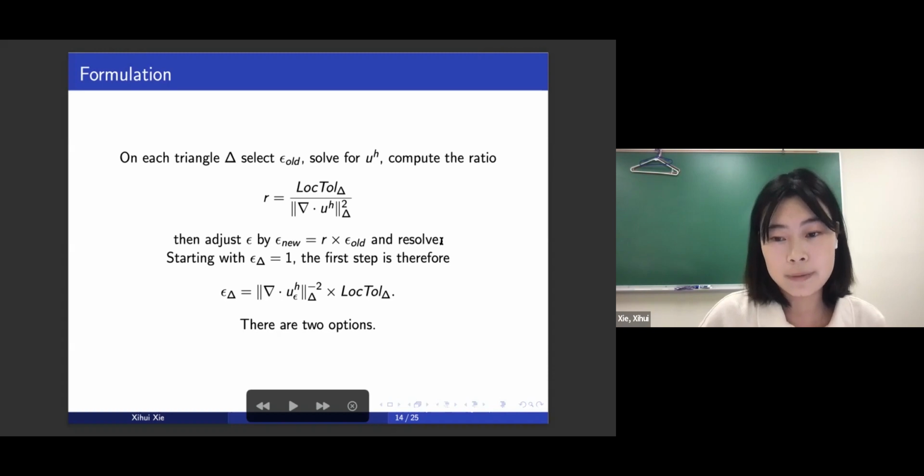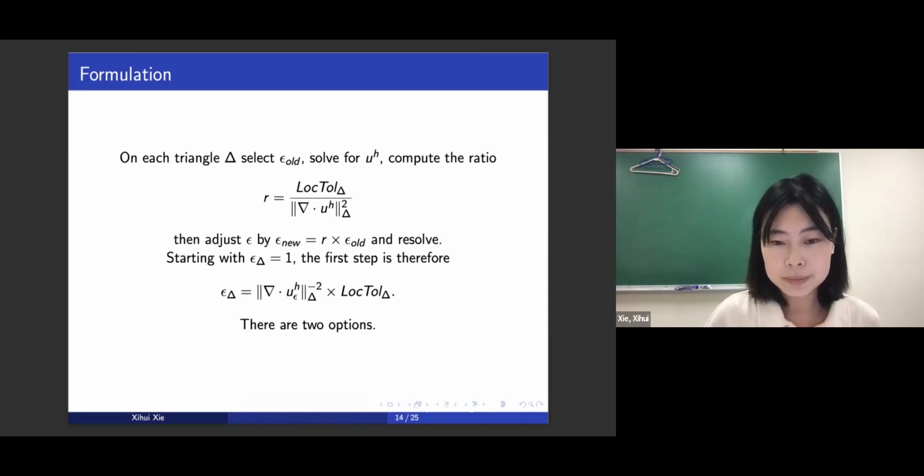Then we resolve until the local tolerance is satisfied for each element. In practice, when we do the error analysis, we start with epsilon old equal to 1 and we only adjust once. So the first step gives epsilon equal to the local tau over the div u squared. This is our choice of epsilon in our formulation.